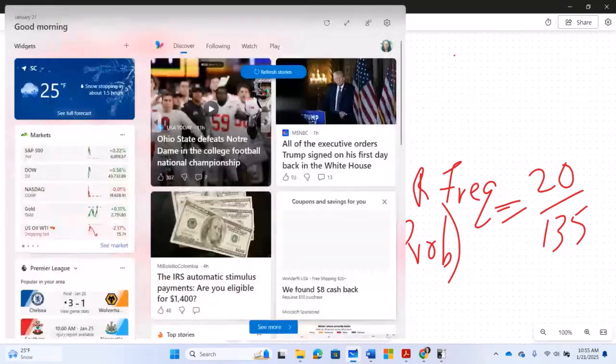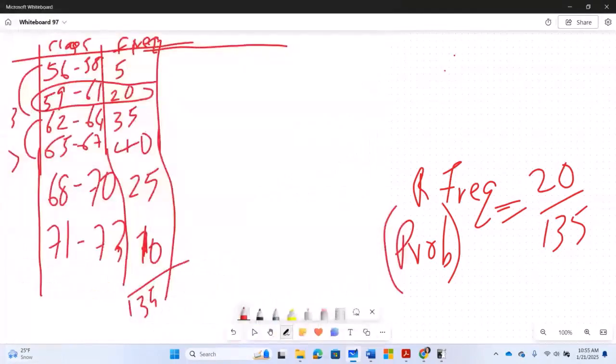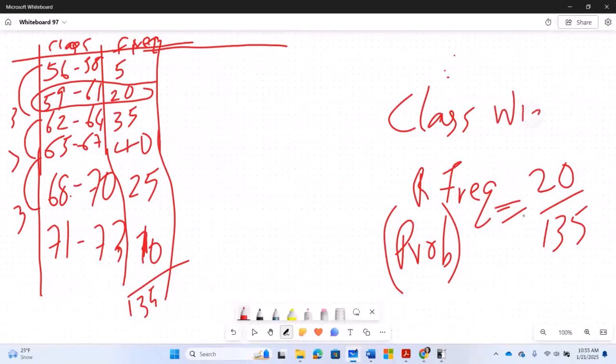Therefore, the class width in this table is 3. 68 minus 65 is 3. 71 minus 68 is 3. So you could be told to calculate the class width. The class width or class size is the difference between consecutive lower limits or the difference between consecutive upper limits.